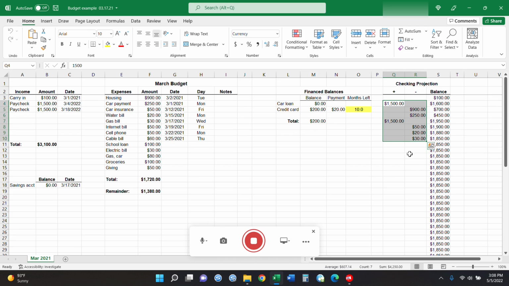So let's say you're going along, you have this checking projection put in here, and somewhere along in here, you end up with, say, a $500 emergency repair on your car. The technician's telling me, hey, I got to pay this $500, or I'm not going to have a car to drive, and I got to get to work. So, okay, you have to pay that. Well, can you really afford that?